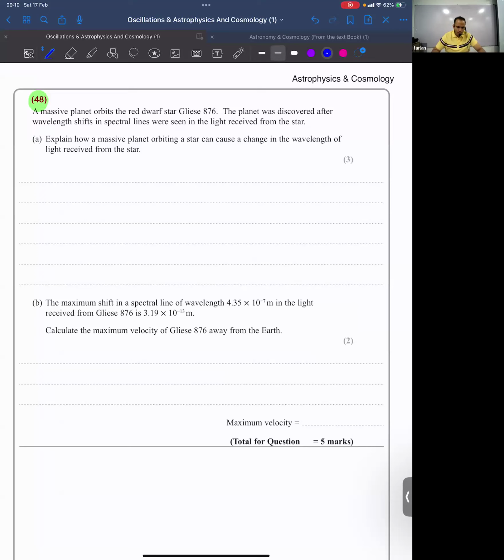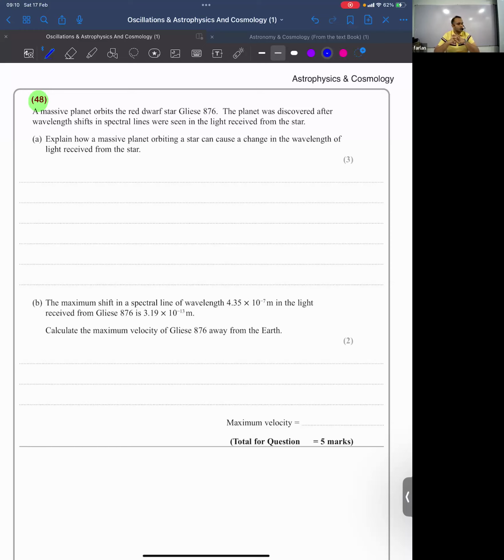Explain how a massive planet orbiting a star can cause a change in wavelength of light received from the star.